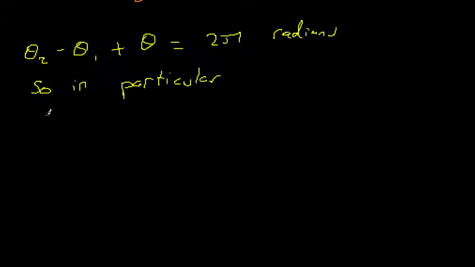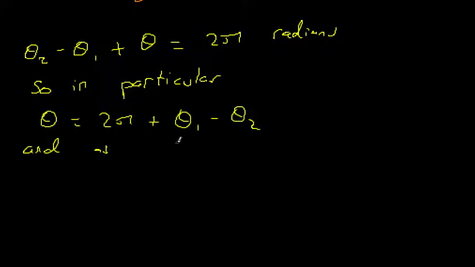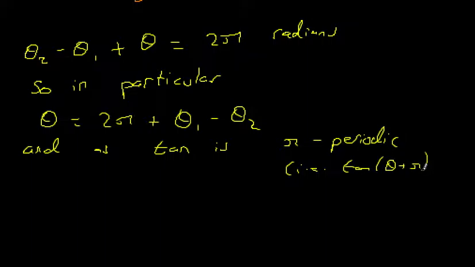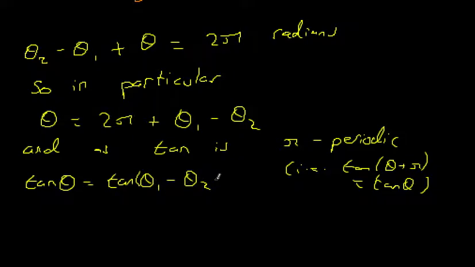So theta is 2 pi plus theta 1 minus theta 2, and as tan is pi periodic, i.e. tan of theta plus pi is tan theta for all theta, we have that tan of theta is equal to tan of theta 1 minus theta 2.